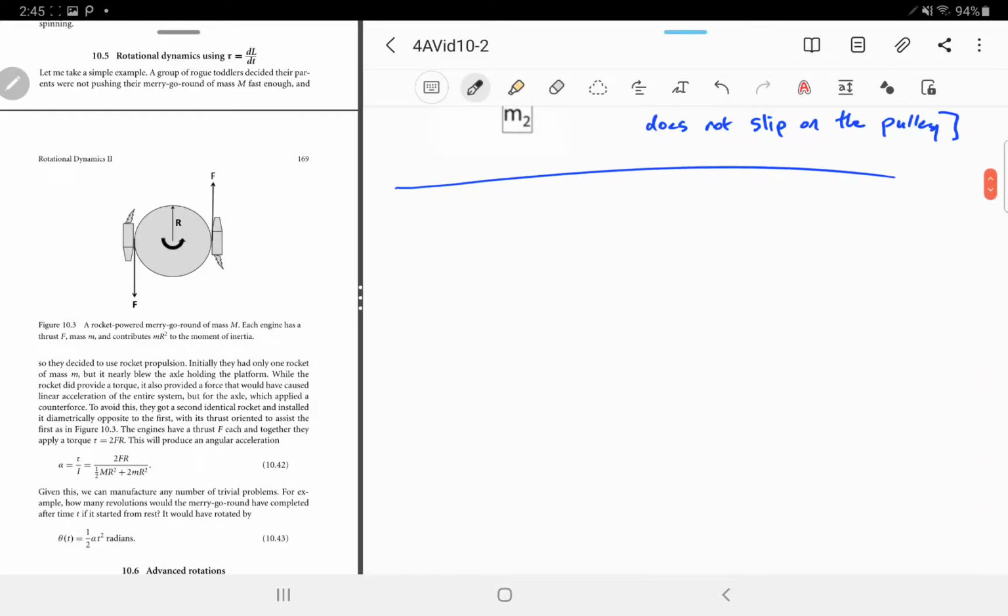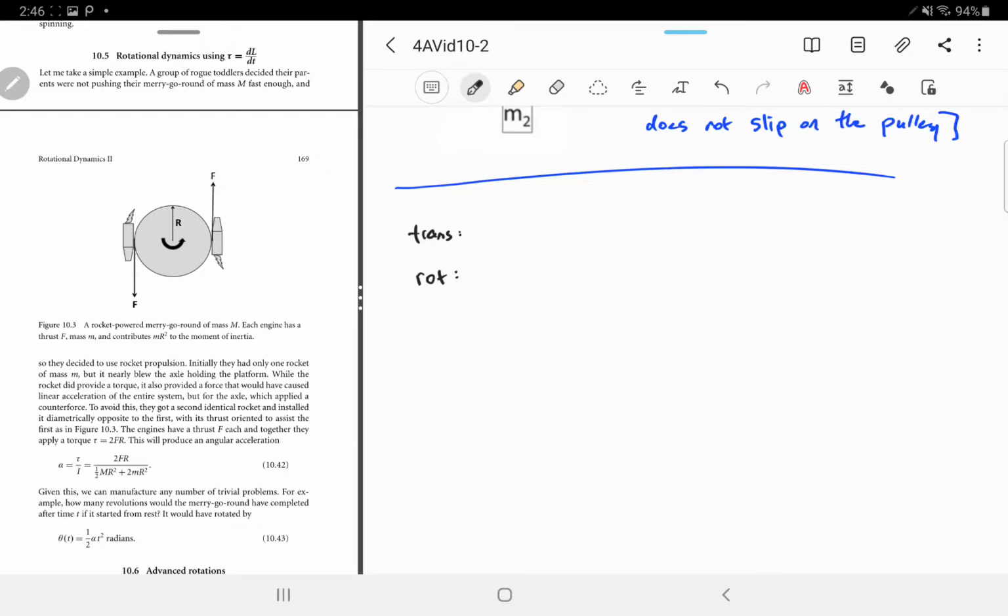Okay, I'm going to do this for the angular momentum part of this video as well. I'm going to write down some translational statements, and then see what the rotational analogs are, just using our table of replacements.